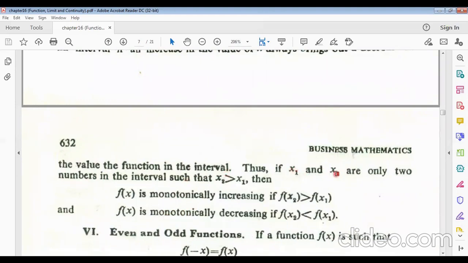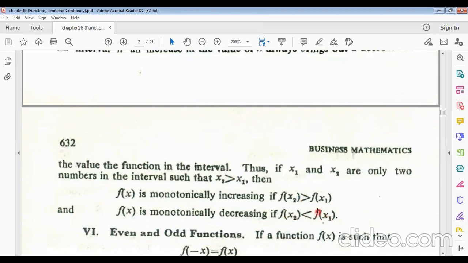Thus, if x1 and x2 are any two numbers in the interval such that x2 is greater than x1, then f of x is said to be monotonically increasing if f of x2 is greater than f of x1. If it is opposite, that means f is monotonically decreasing, f of x2 less than f of x1.